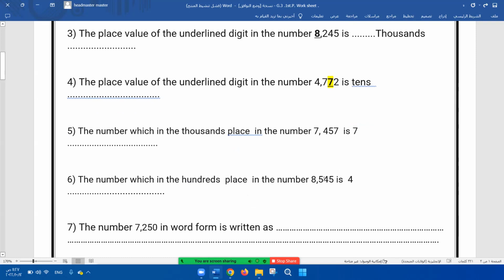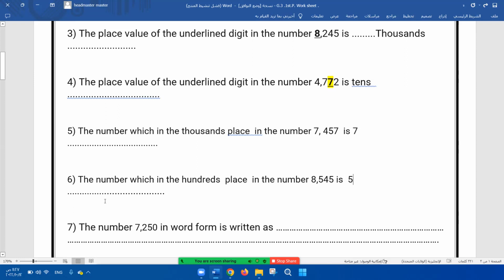You can see it well. Yes, it's 5. Because 5 in ones place, 4 in tens place, this 5 in hundreds place. So the answer will be 5 only in hundreds place.